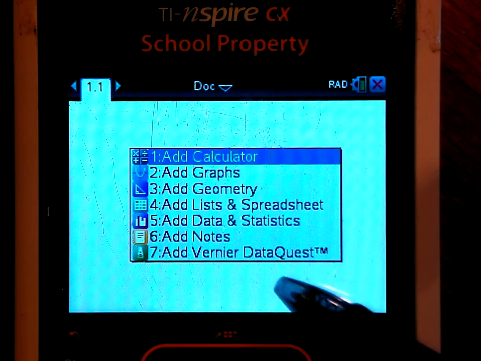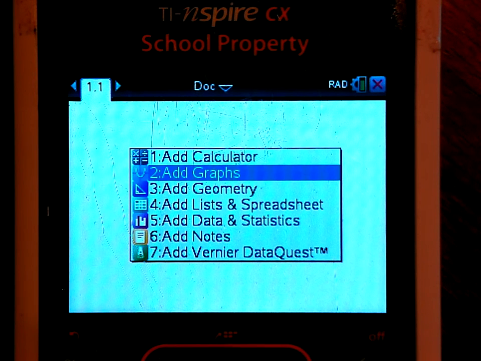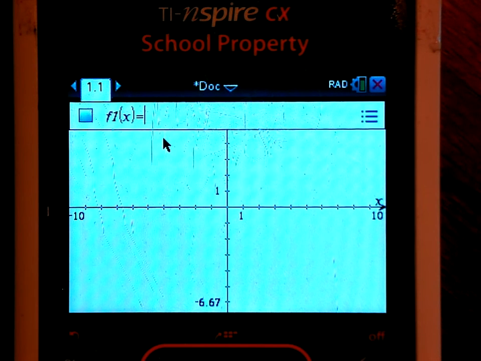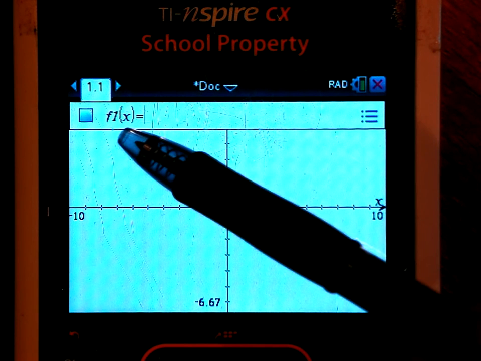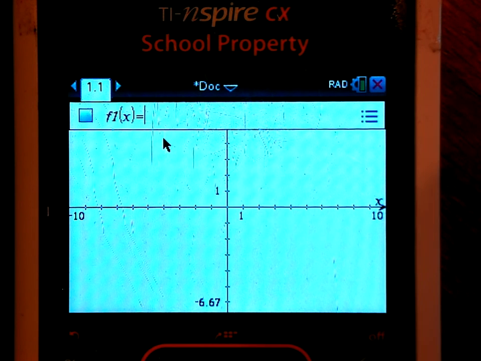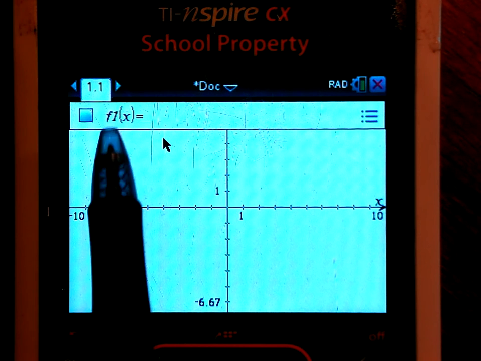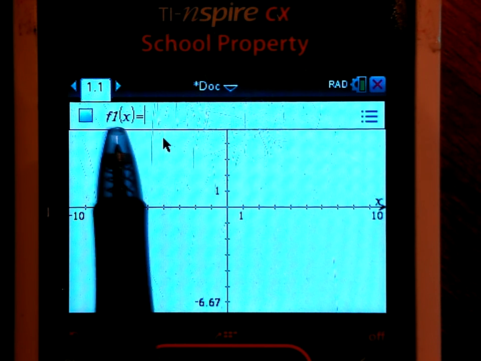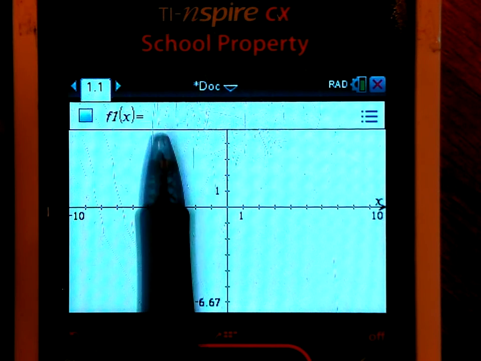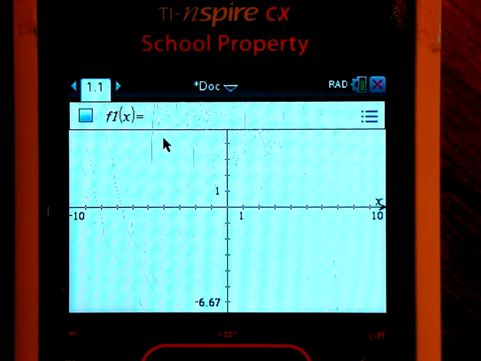Well, we're trying to graph something, so we're going to choose graphs. And it's going to come up asking us what f1 of x equals. Now, if you think back to the beginning of algebra, you'll know that this f1 of x is just saying y equals. It's the same thing. And what we're going to do is type in our function.